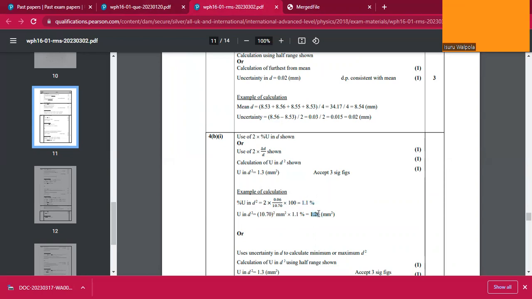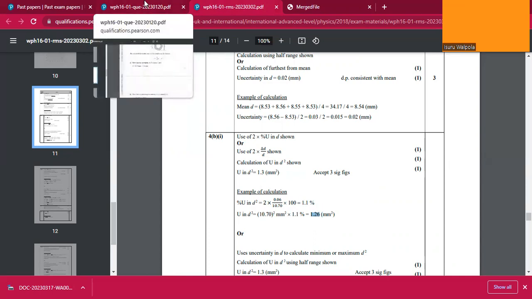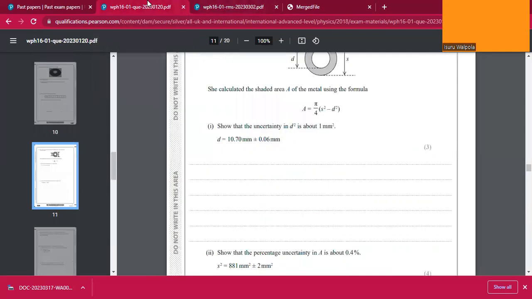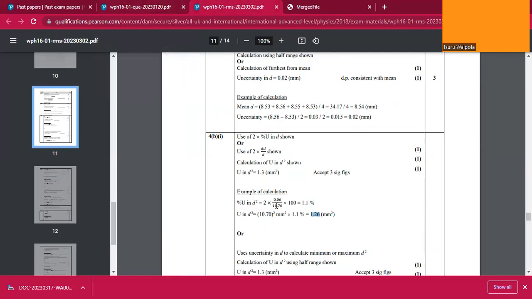You get 1.26 millimeter. But now look at this, 1.26 is your value, but your calculated value is 10.7 squared, which is to 4 significant figures. But you have to look at what happens to your answer when you add or subtract the uncertainty.